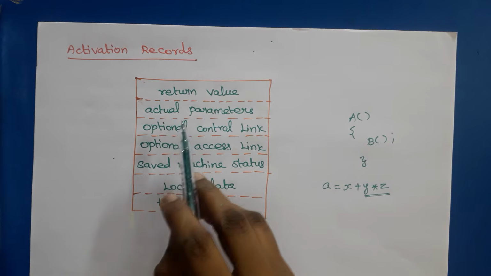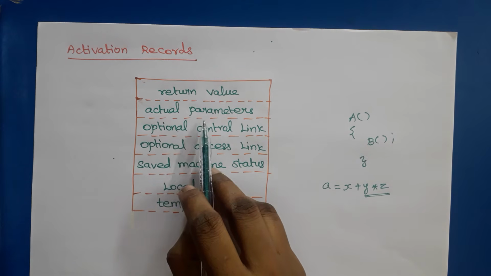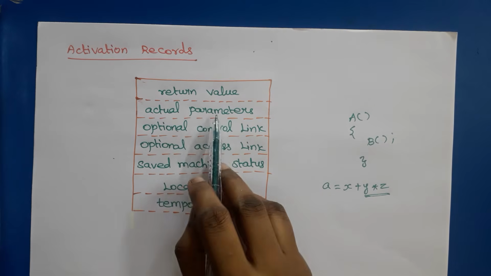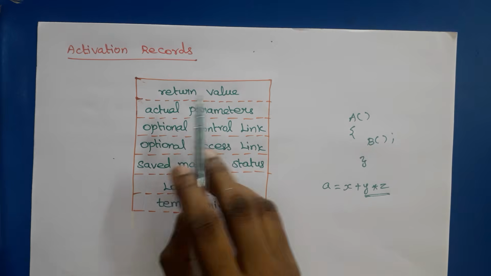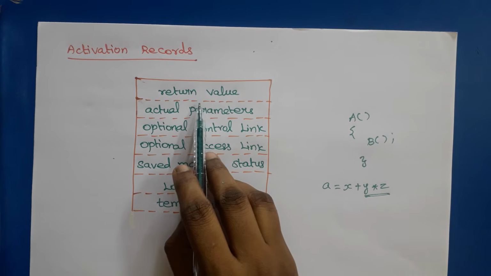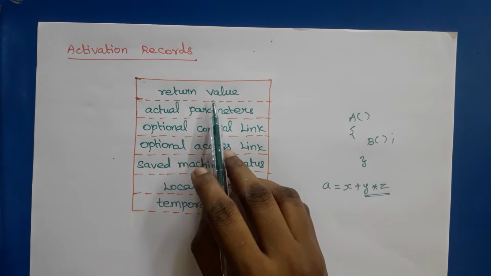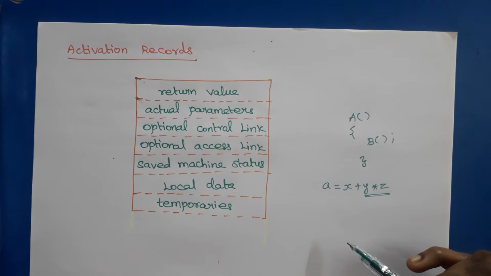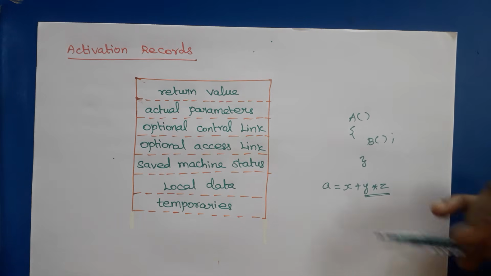This is used by the calling program to supply all the actual parameters to the called procedure. Then return value. Here return values will be stored, so this field is used by the called procedure to send the return value to the calling procedure.